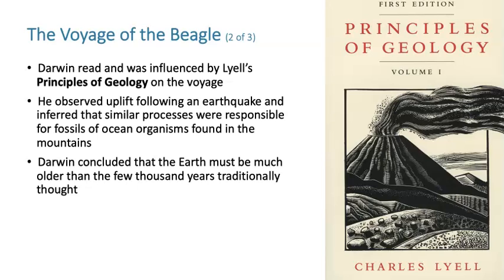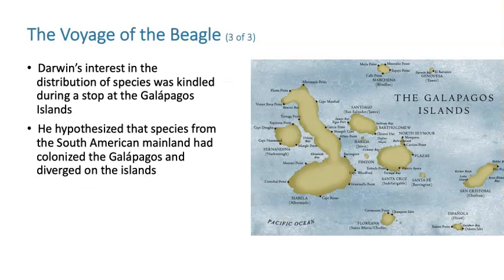And he concluded, much like the scientists who lived at the same time as him, that the Earth must be much older than the few thousand years that was traditionally thought of as being accurate from extrapolations from the Bible.